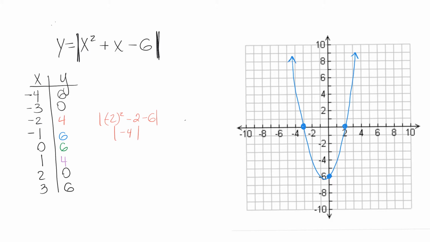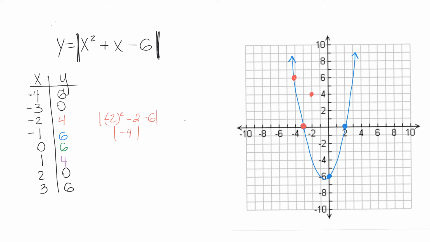So I'm going to plot this guy in red. All right, negative 4, 6. So, pretty close to what we had before. Negative 3, 0. Same place, our x-intercept. Negative 2, 4. Ooh, all right.